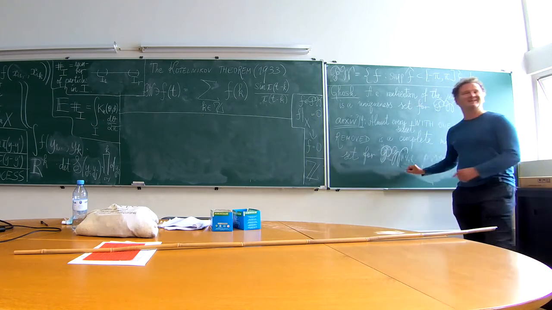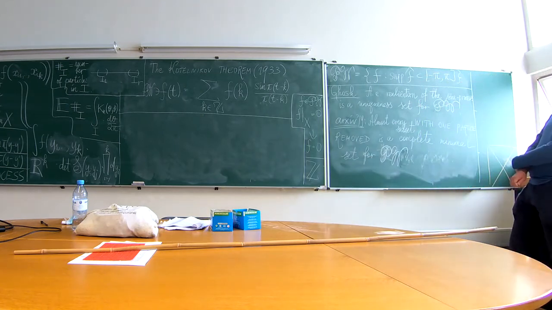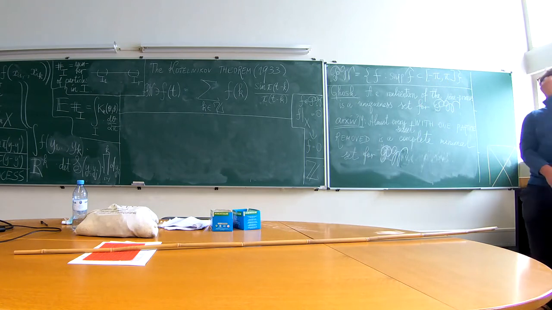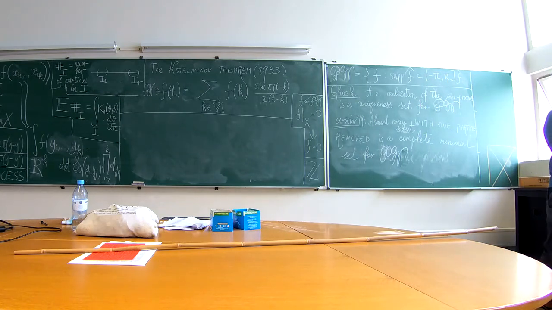Thank you very much. Almost every subset is within a minimal set for the linear space. This looks like a very powerful, very big theorem, because it has all these new concepts.